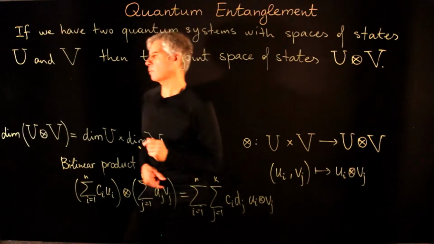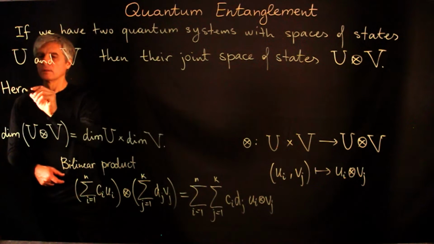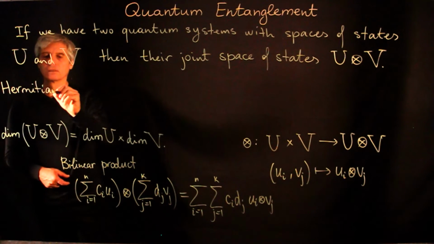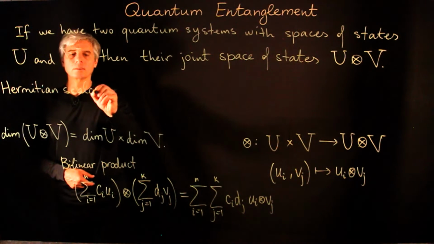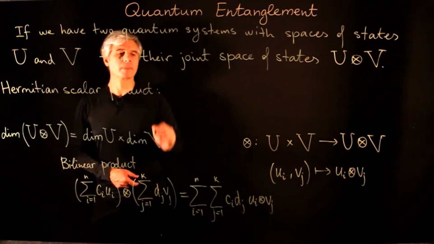Right. And so we have a Hermitian scalar product on the tensor product.